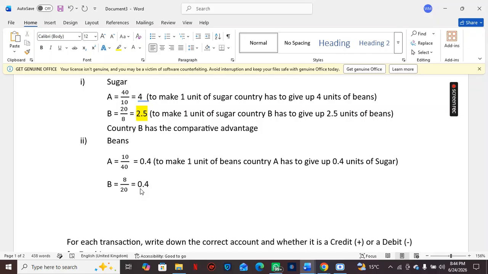To make 1 unit of beans, country B has to give up 0.4 units of sugar. Okay, so both countries have a comparative advantage in beans.